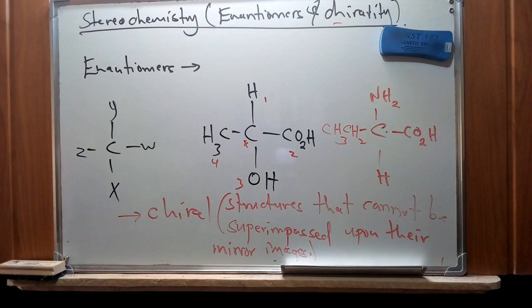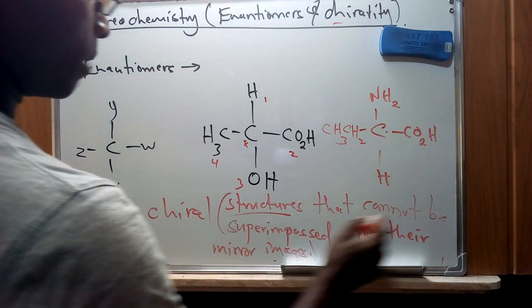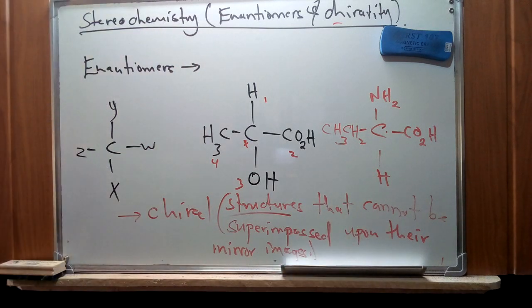So in our introduction to organic compounds, we talked about the branched chains, chiral molecules, etc., which can be regarded as organic. So in this case, when we talk about chiral compounds, these are structures that cannot be superimposed upon their mirror images.